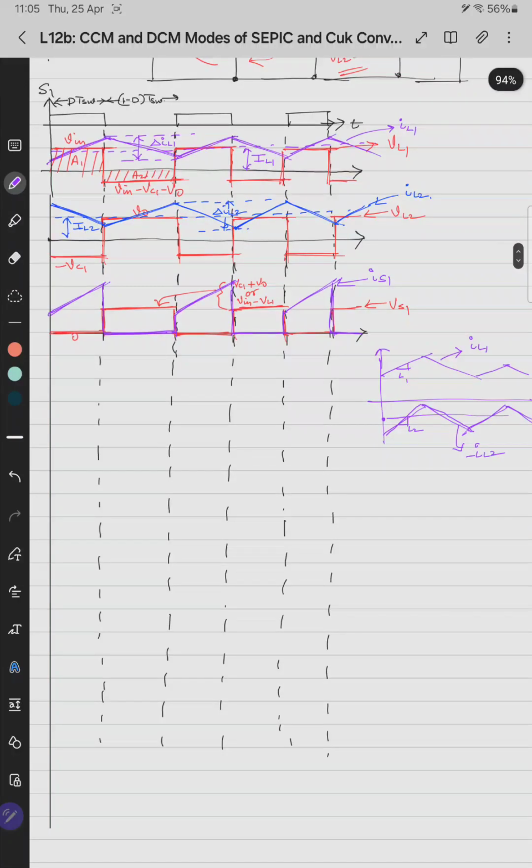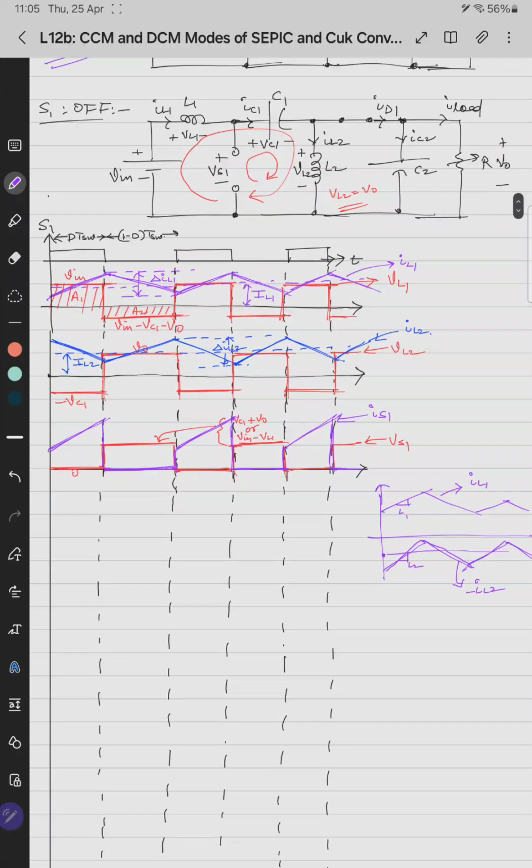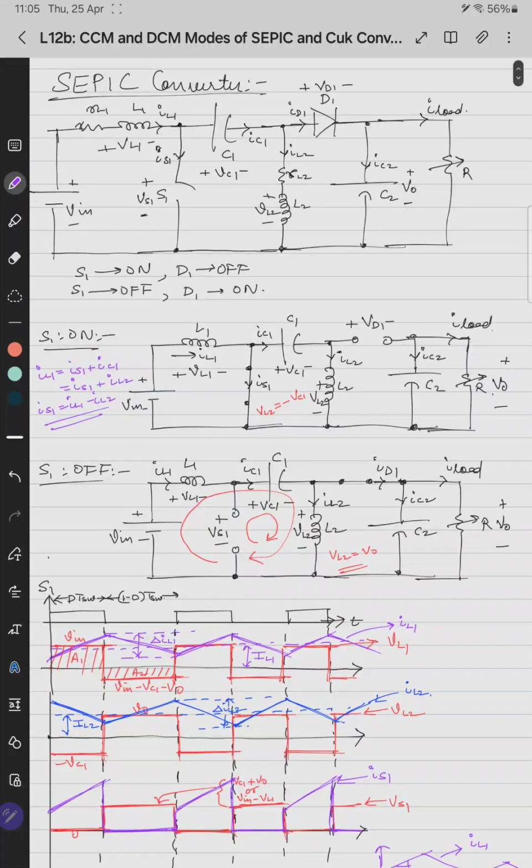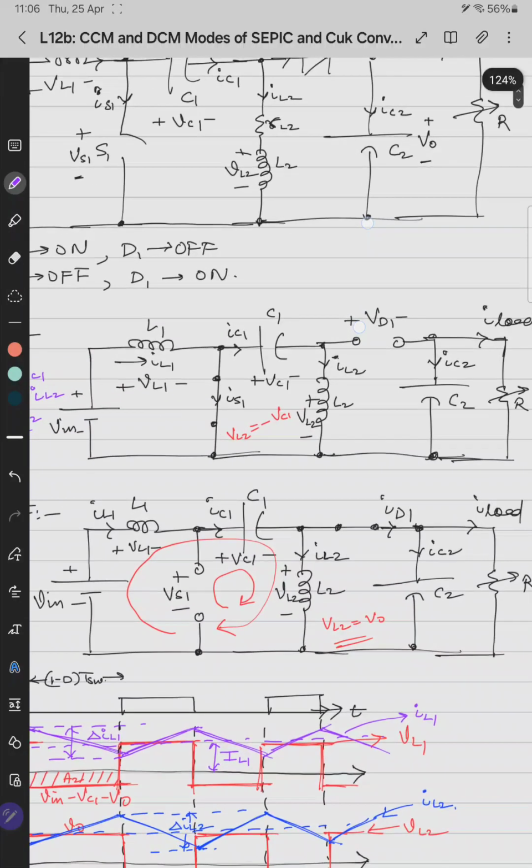This is how IS1 will look. So IS1 is done. The inductor is done, the switch is done. Now the capacitor. First we'll draw the waveform of the capacitor current and then we will establish IC equals C dV by dt. Then we'll integrate the waveform to get the voltage of it.